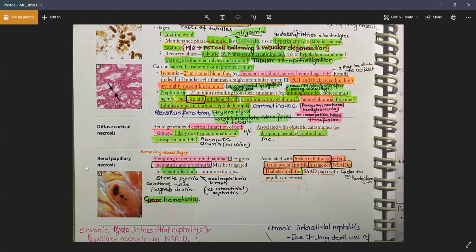Could you please say again, renal papilla where exactly? See, let me open this anatomy figure for you.